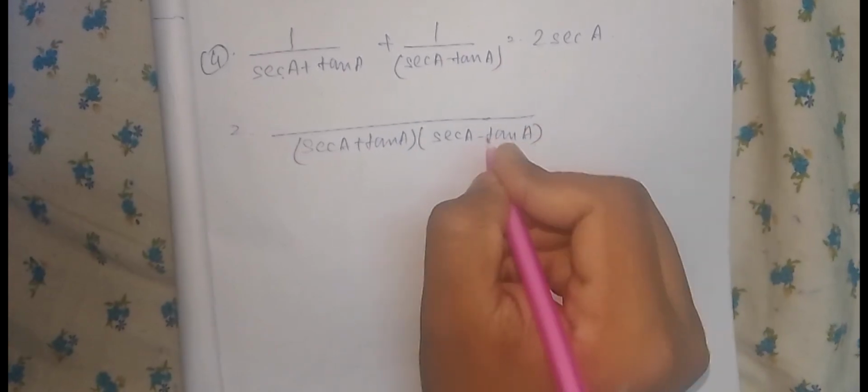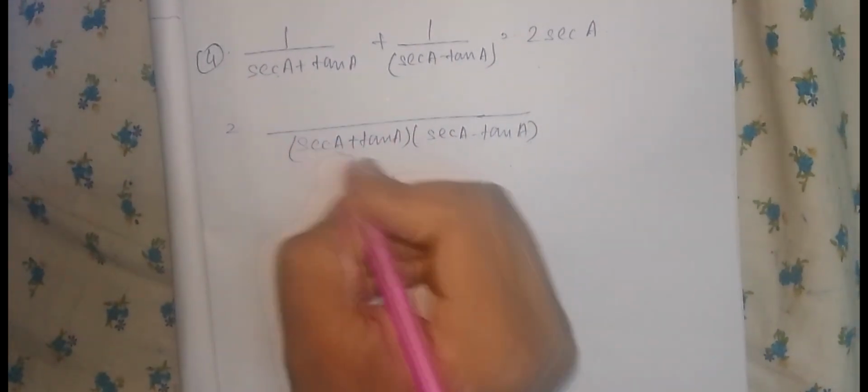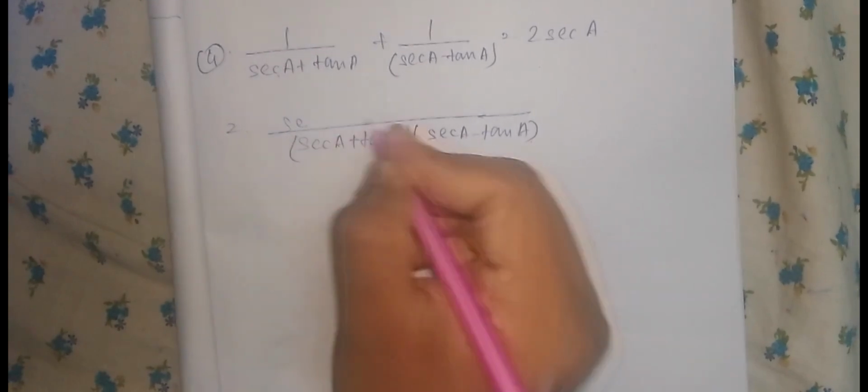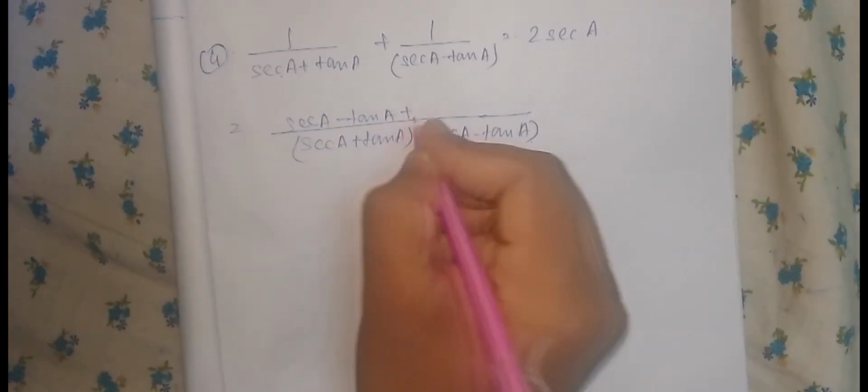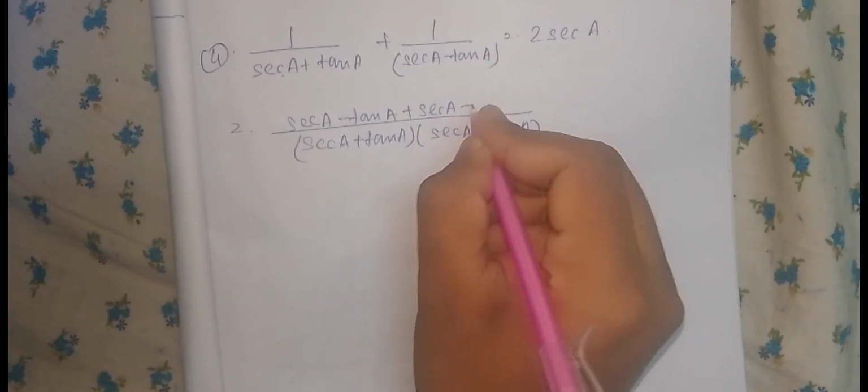After taking this LCM, we will multiply the numerator with the remaining part, that is (sec A minus tan A) plus (sec A plus tan A).